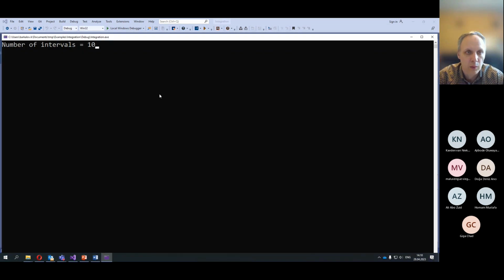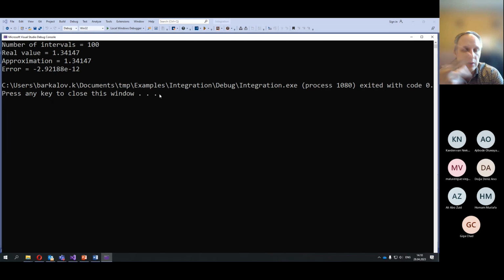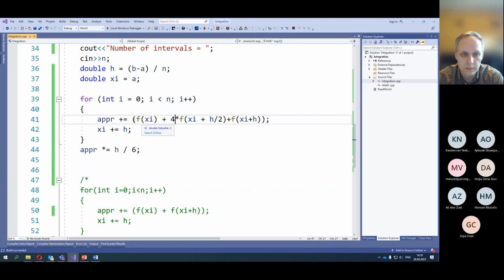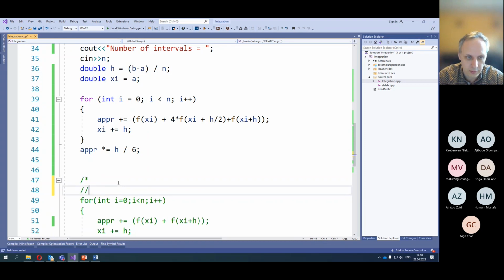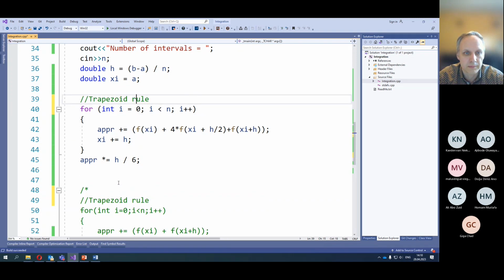If I select 100 points, the error becomes 10,000 times smaller. Very powerful, very high rate of convergence. So this is a trapezoid rule. Let me write it here. And this is the Simpson's rule.